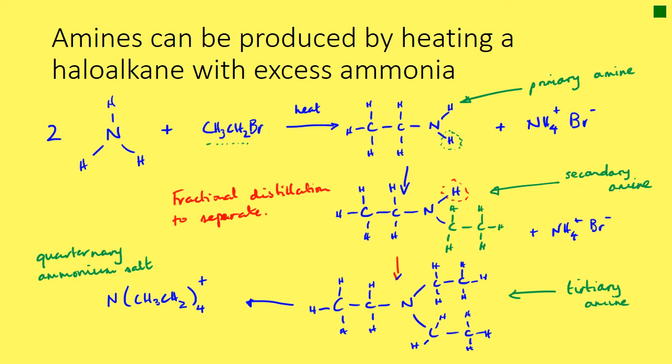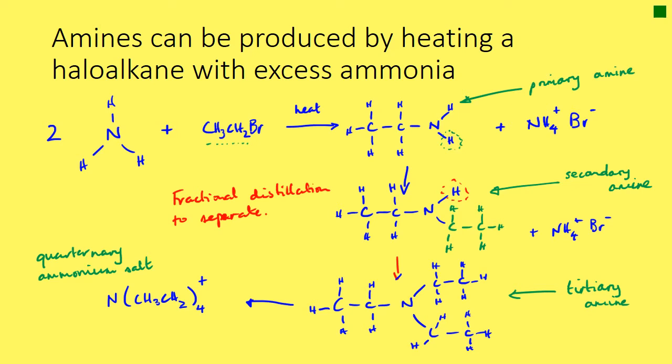The second ammonia molecule that we started out with takes the spare hydrogen from this NH2 group that has joined with the carbon chain. So you've got an ammonium ion, and the bromide that was on the haloalkane. That's the reaction that we get when we heat a haloalkane, in this case bromoethane, with excess ammonia.